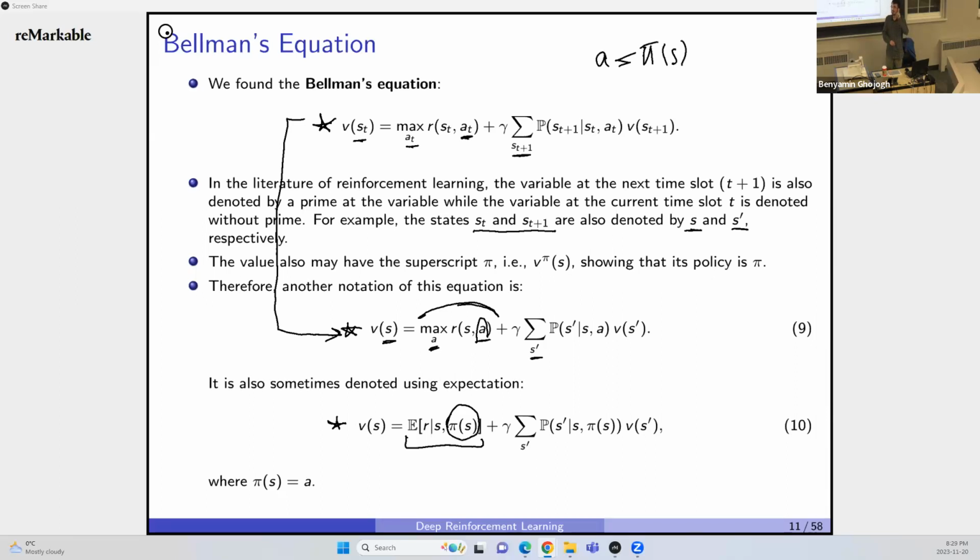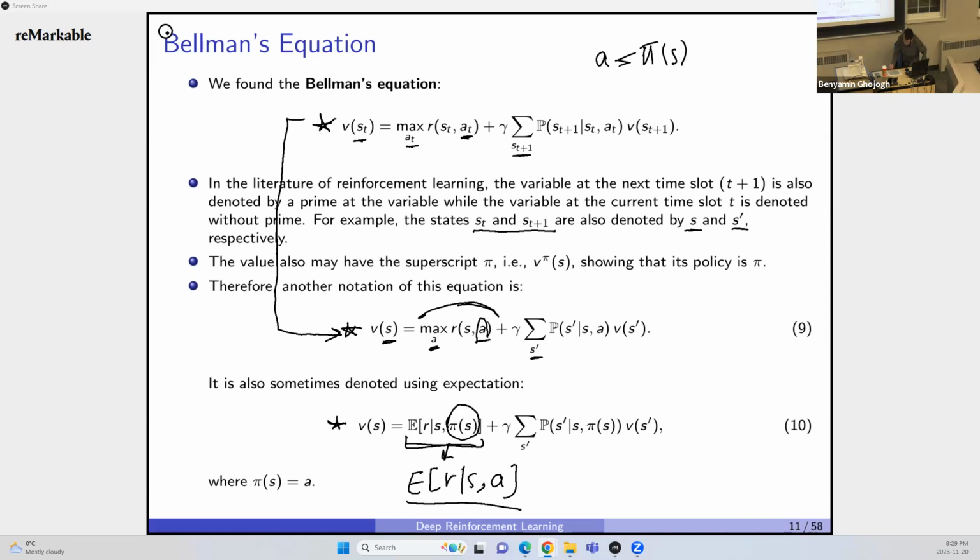Again, I will go back to what I said to you. Always consider the essences. The essence of action and policy is the same, so you can replace them. Okay? Here, rather than A, you can also put pi S. So far clear? So basically, this is the expectation of R given S and A. You might see this in papers.